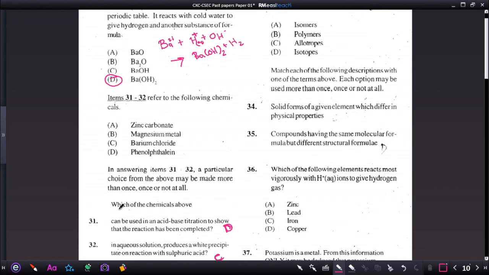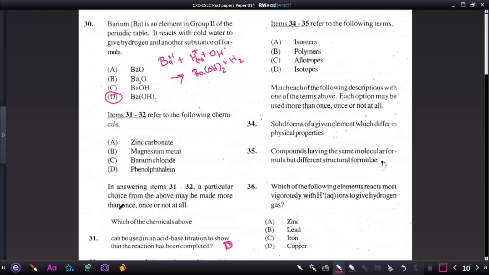34. Items 34 to 35 refer to the following items: isomers, polymers, allotropes, isotopes. Match each of the following descriptions with one of the items above. Each option may be used more than once, or not at all. 34 says solid forms of a given element which differ in physical properties, and that is an allotrope.